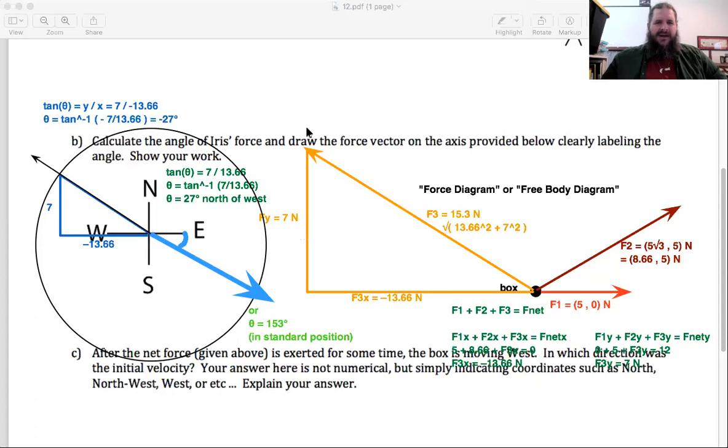The calculator can't tell the difference between them. It gives you the same result for both. So sometimes an inverse tangent function will give you an answer that's exactly opposite of what you should actually be writing down. So how do you fix that?